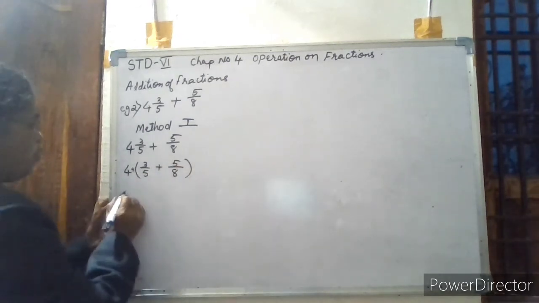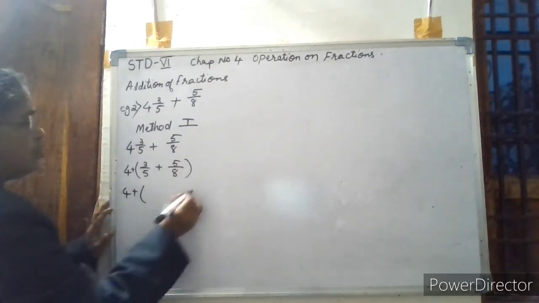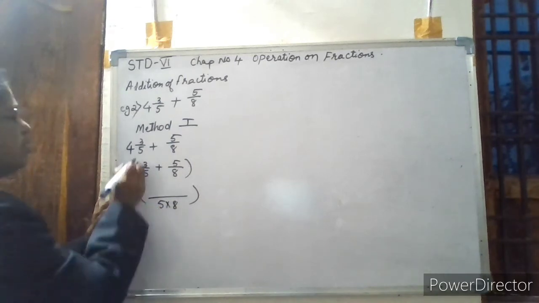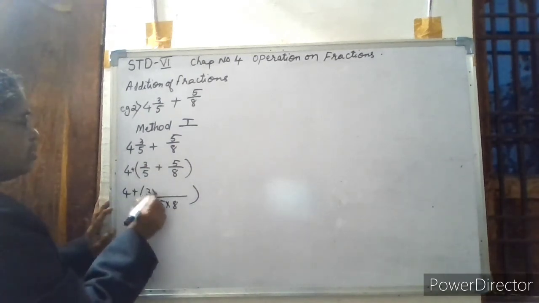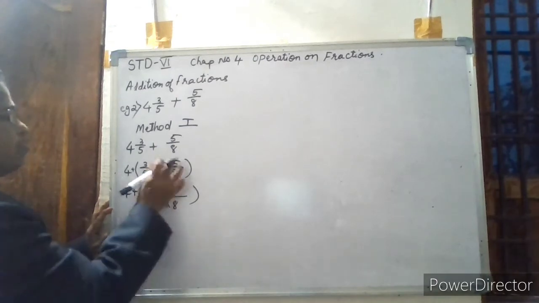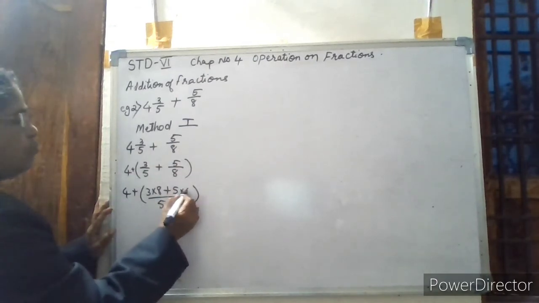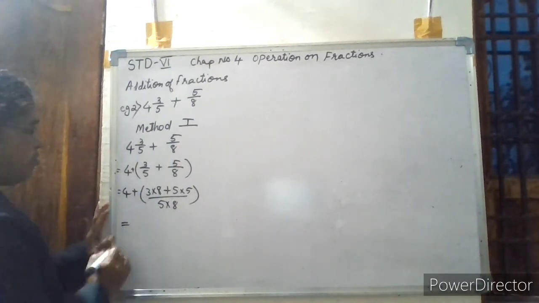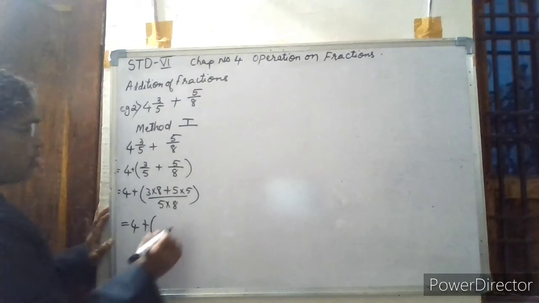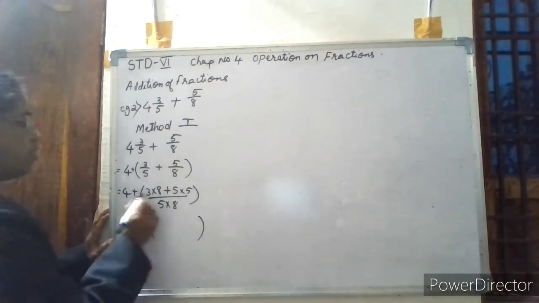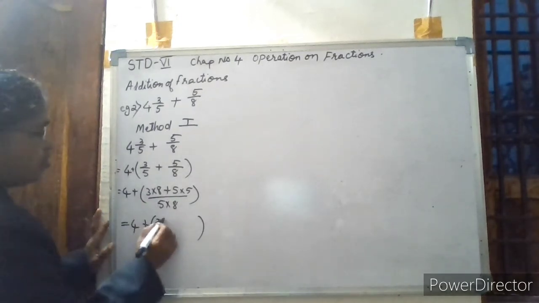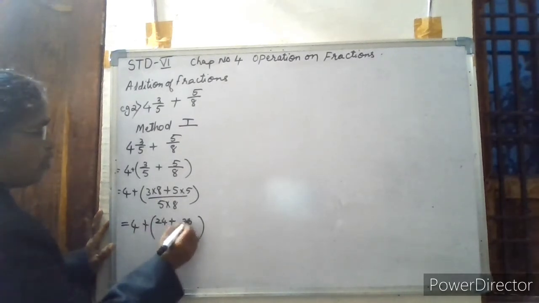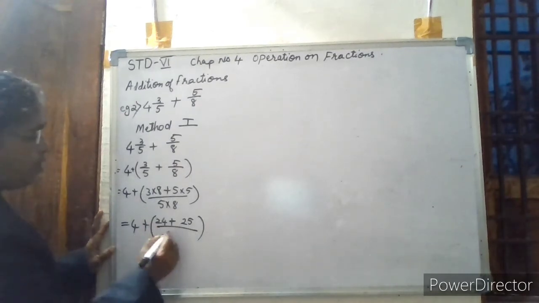Now 4 plus, do cross multiplication. Here the denominator is 5 into 8. Now cross multiply: 3 into 8 plus 5 into 5. So I get 4 plus, in the bracket, do all the multiplication. 3 8s are 24 plus 5 5s are 25, upon 5 8s are 40.